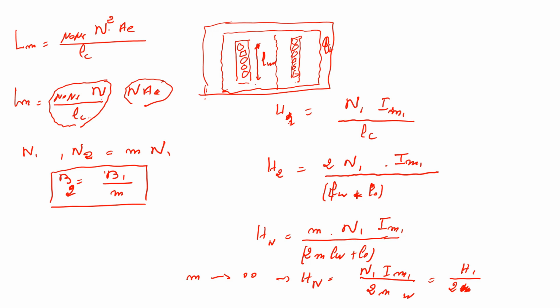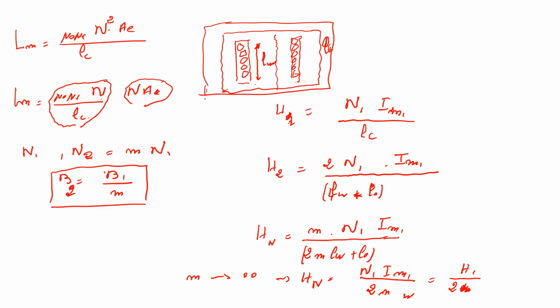So what's the mistake? The mistake is clear and obvious, and you can determine it by intuition. It is Im1 here. It should also change, because the magnetizing current and the magnetic field are also dependent. If the magnetic field is reduced, the magnetizing current is also reduced.